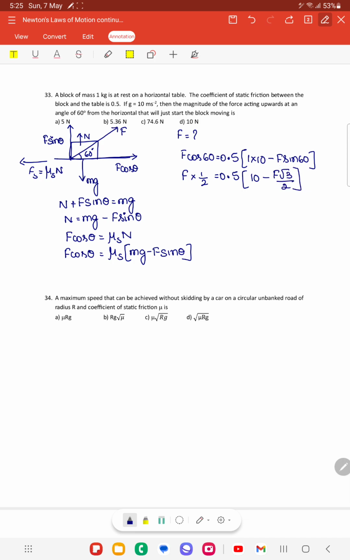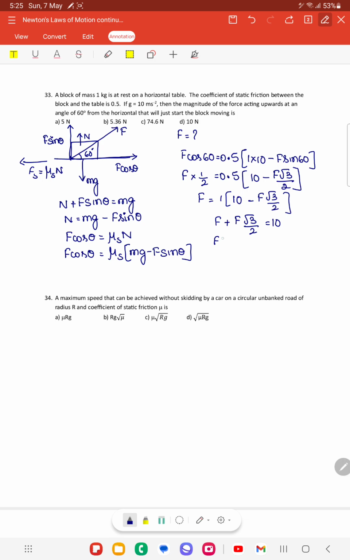Take the F value to the other side, multiply 2 inside the bracket to the right. So F is equal to 1 into 10 minus F root 3 by 2, or F plus F root 3 by 2 is equal to 10.